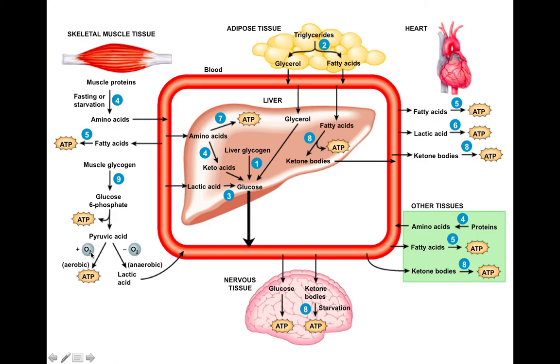If you have oxygen present, you go through the aerobic pathways, the citric acid cycle or Krebs cycle, and the electron transport chain, chemiosmosis, and you produce a whole bunch of ATP that way. If you don't have oxygen available, you go through the anaerobic pathway, and pyruvic acid is converted to lactic acid. Lactic acid can then go into your blood, and lactic acid can ultimately be converted back to glucose. And so your body has a remarkable way of turning anything that it has into anything that it needs.